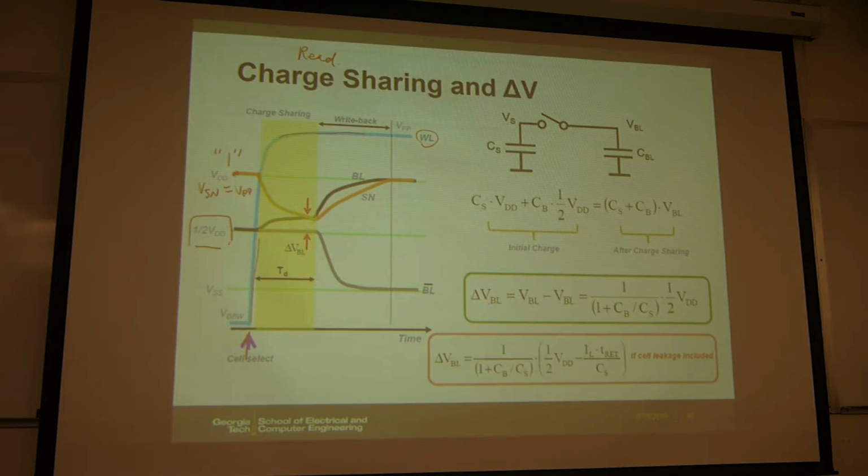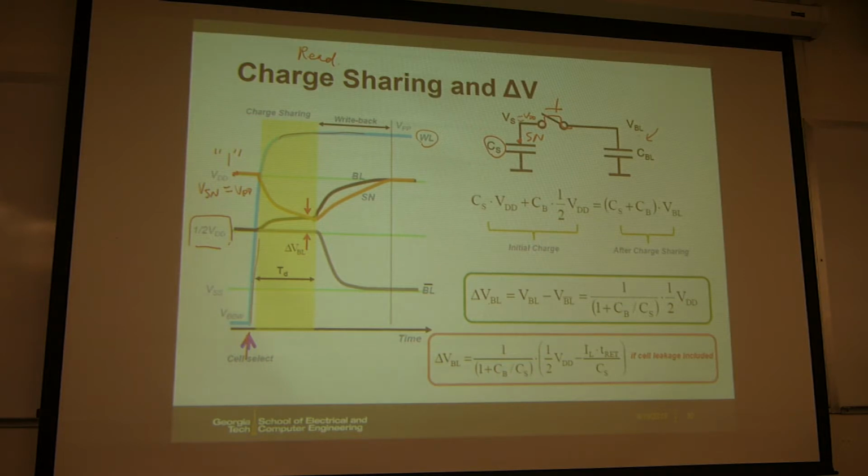So we can understand this through this simple circuit. This is the switch, essentially this transistor. And on one side, this is your storage node, and this is the cell capacitance CS. And here, for example, we store 1, so it's VDD.